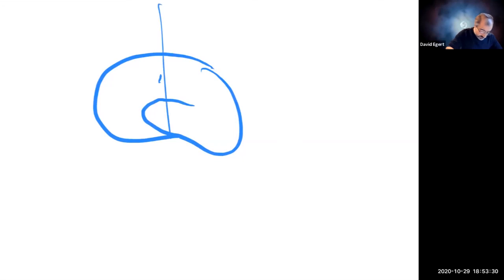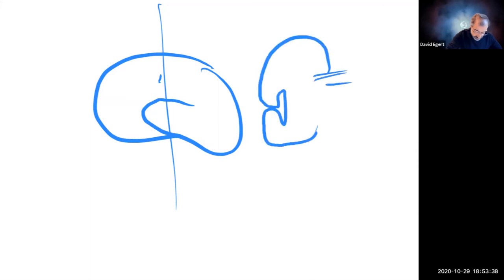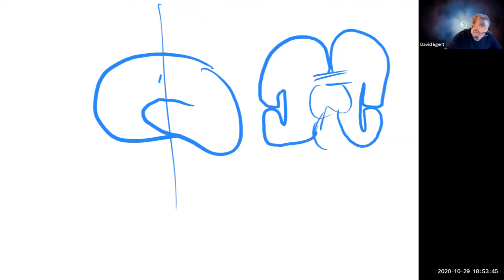If you remember, if this is the brain from the side as we kept drawing, and we cut it this way and look at the two hemispheres, with all the other stuff inside, when you're just looking at the brain from the side, you don't even see them, because the cingulate is in that longitudinal fissure, right above the corpus callosum.